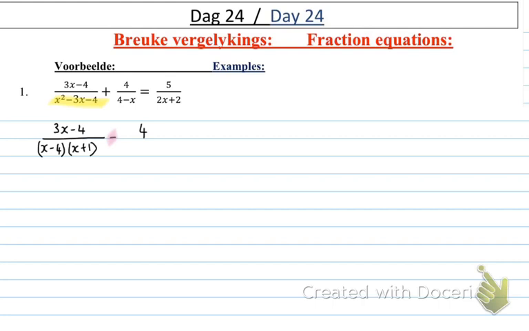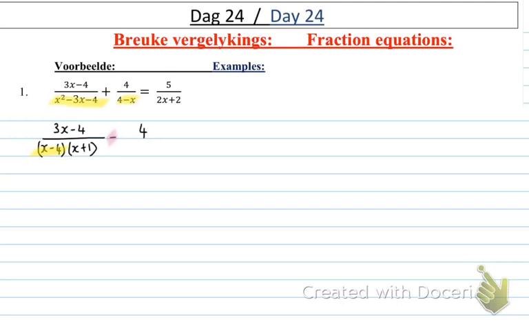Then I see that I'm going to need a sign change, because there I have 4 minus x, but I want it to be x minus 4, like the one denominator in the first term.